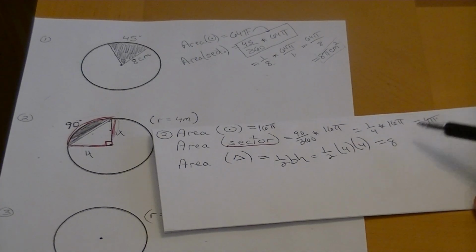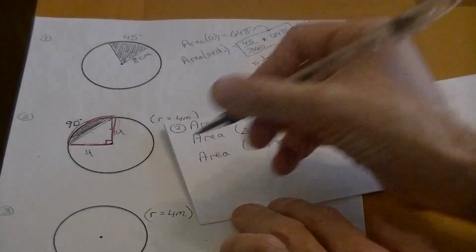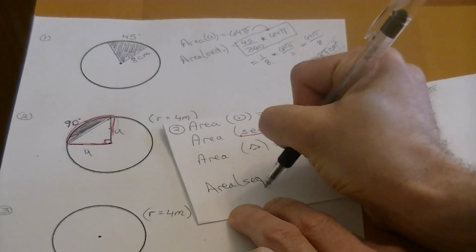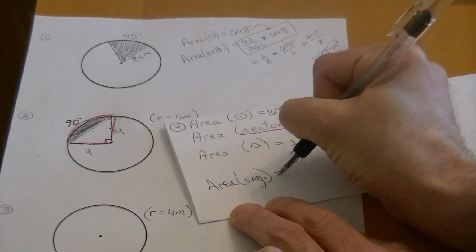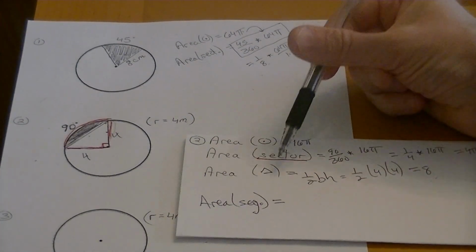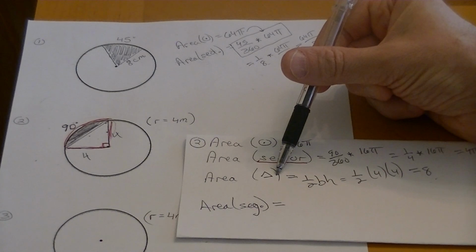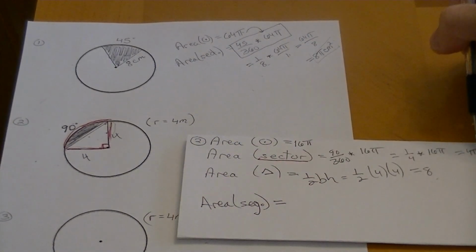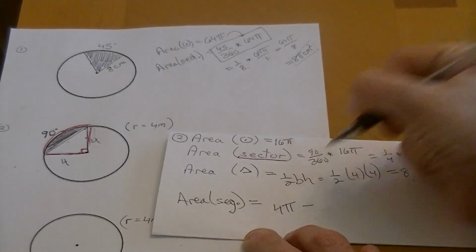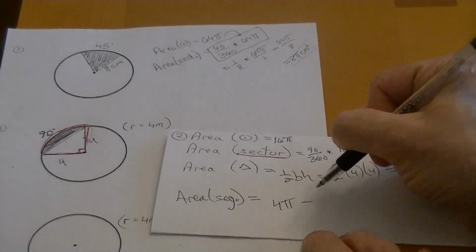So if I combine these two answers, I can get the area of the segment. The area of that segment, the shaded piece, is always going to be the sector minus the unshaded triangle. So the sector was 4 pi minus the triangle, which was 8.